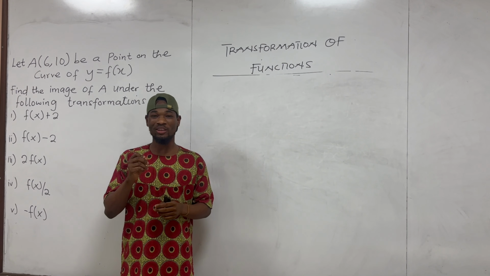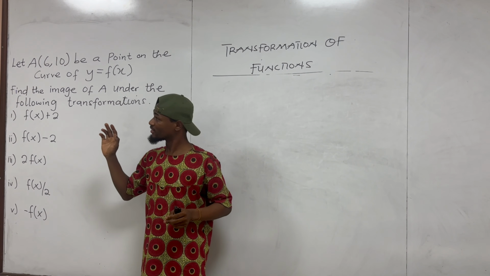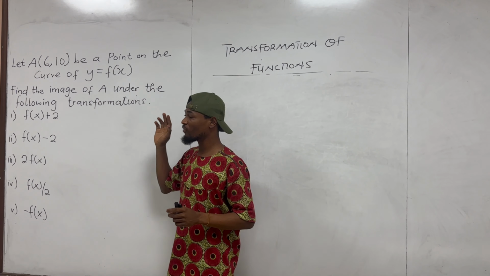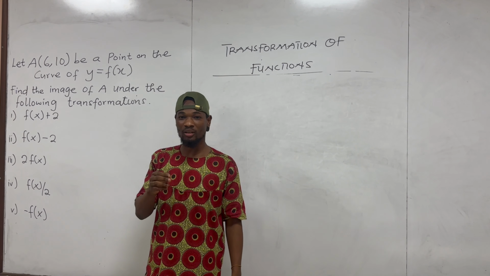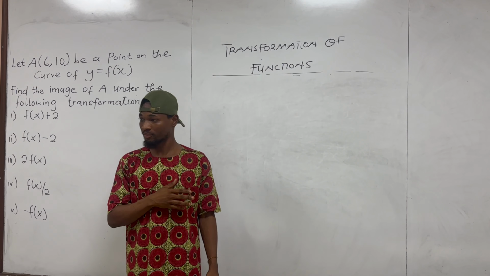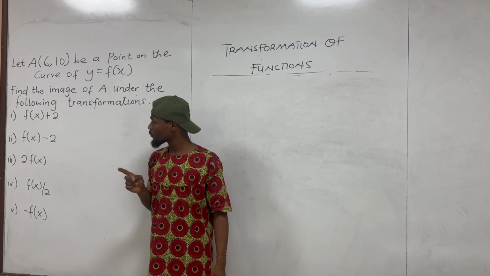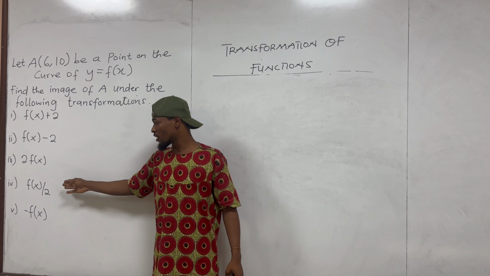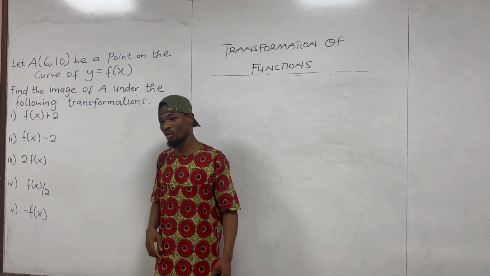You have a given point A. Let A(6, 10) be a point on the curve y equals f of x. We are to find the image of the point A under the following transformations: f of x plus 2, f of x minus 2, 2 f of x, f of x divided by 2, and the last one, negative f of x.